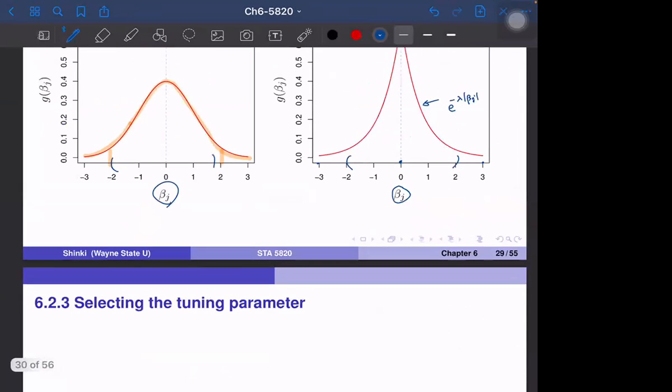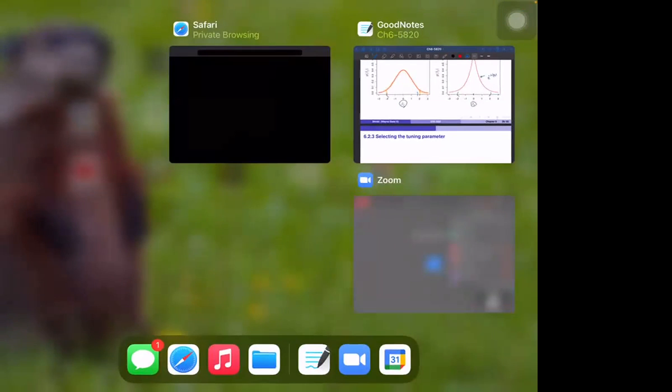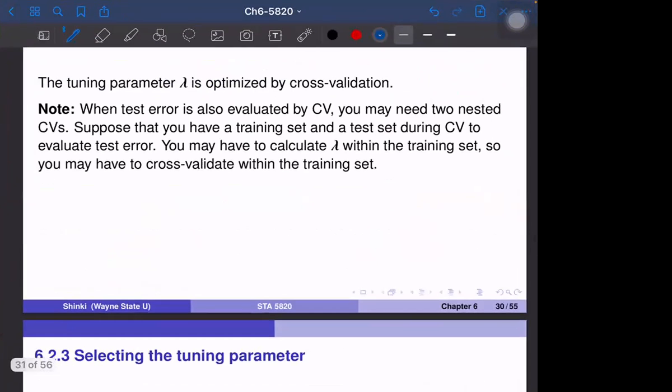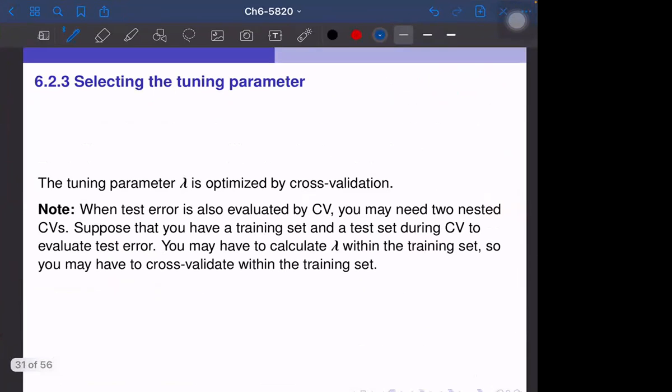Okay, do you have questions so far? Okay, next we talk about how to determine lambda. In ridge regression, we minimize the residual sum of squares plus lambda times the sum of beta j squared, and in Lasso, RSS plus lambda times the sum of the absolute values of beta j, with j equal to 1 to p.